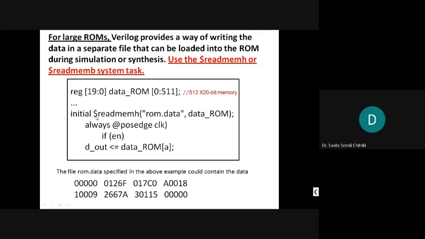Initial $readmemh, ROM data, ROM. Always at the positive edge of the clock, if enable is there, whatever address you are sending, that content of data ROM will be sent onto the data bus. The file rom.data which is specified in the above example could contain the data.